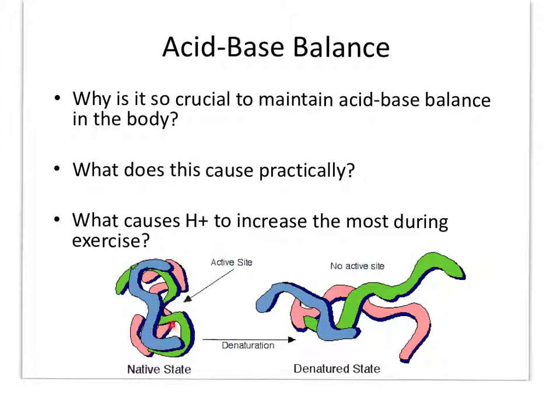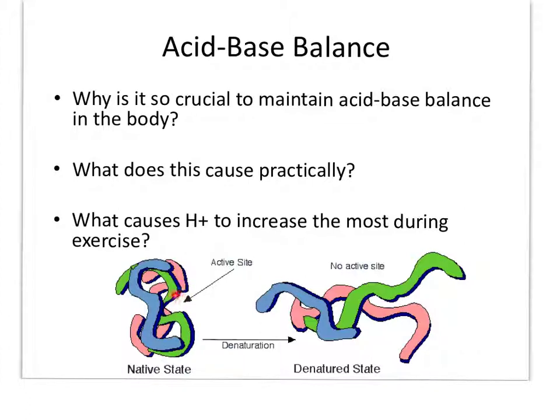certain portions of these proteins, certain amino acids that have the ability to bind to positively charged ions like hydrogen, will bind to the hydrogen. When those hydrogen ions bind to those amino acids, that's going to change the charge in the amino acid.